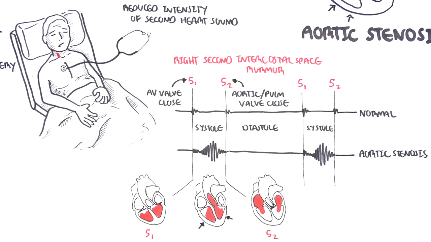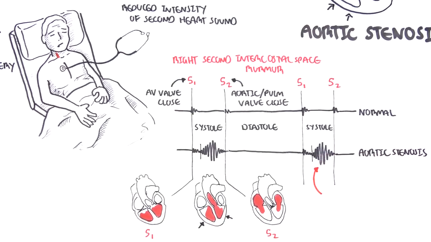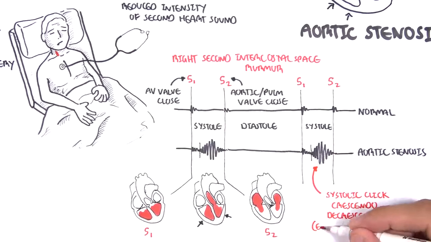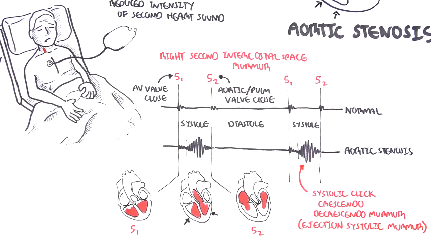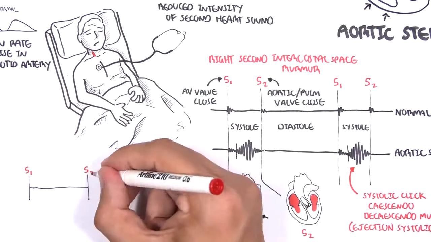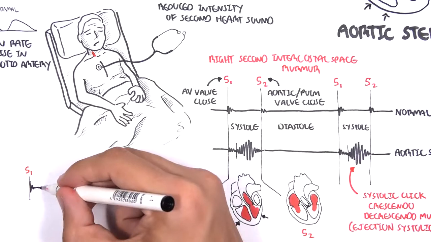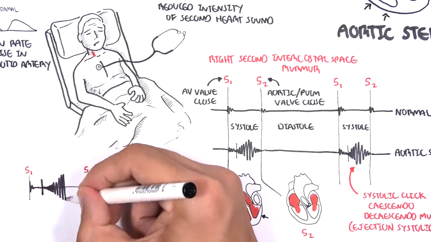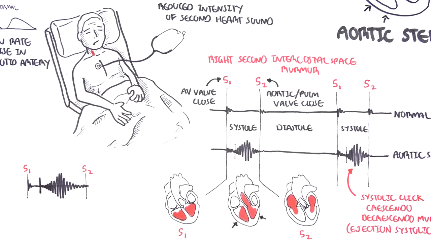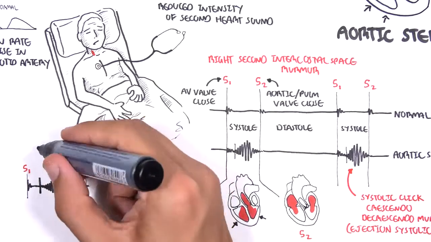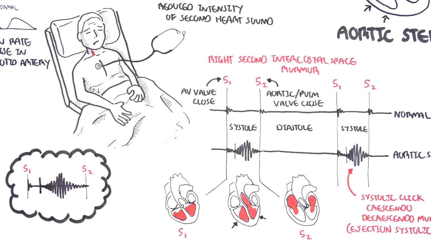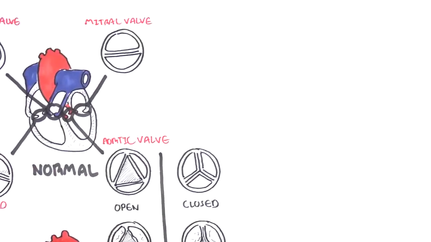We call the aortic stenosis murmur a systolic click crescendo decrescendo murmur, or ejection systolic murmur. Again, the AV valve closes, ejection click as the aortic valve opens, turbulence through the aortic valve increases, then decreases, and then the aortic valve closes. It is important to know that this murmur can radiate to the carotids.